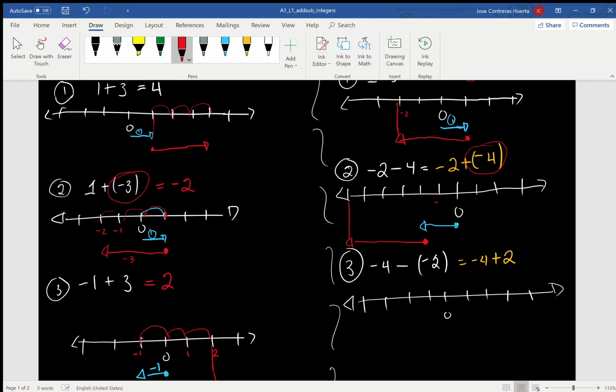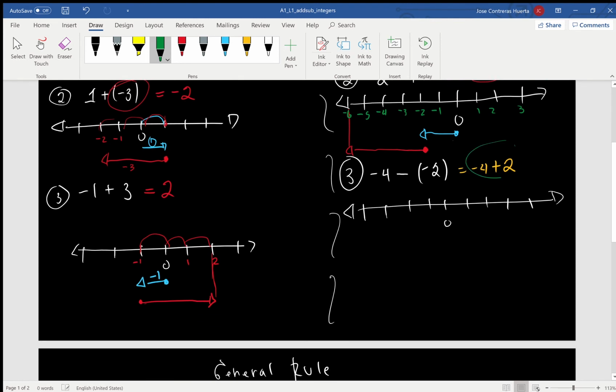Well, let's make this in green. This is -1, -2, -3, -4, -5, -6. Well, I actually ended my position at -6. Therefore, my answer is equal to -6.